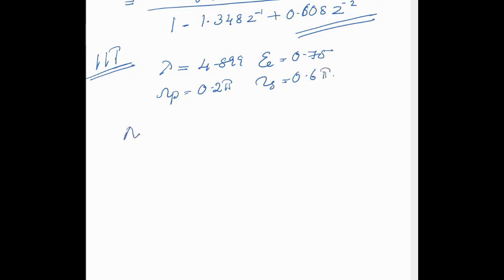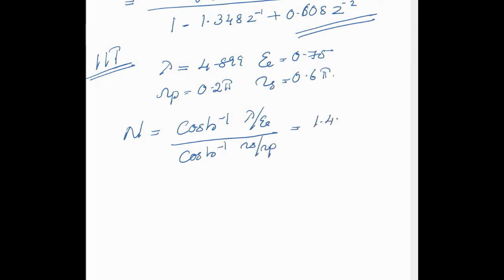Substituting in the same equation, n, the order of the filter, is cosh inverse of lambda by epsilon divided by cosh inverse of omega s by omega p, and you will get the value as 1.45, that is approximately equivalent to 2. Here also you will get the value of 2.